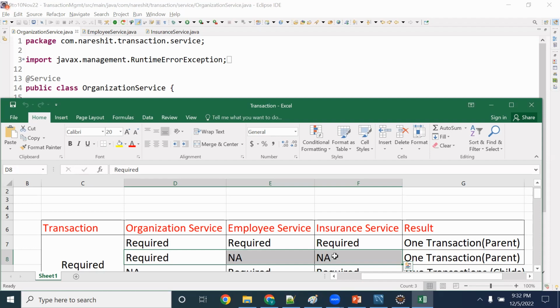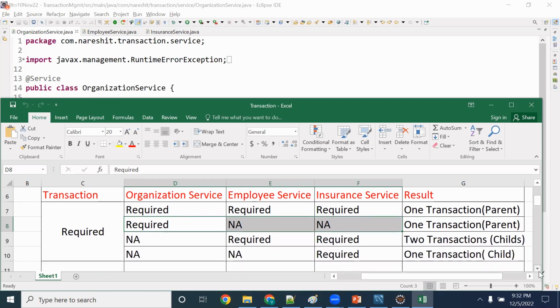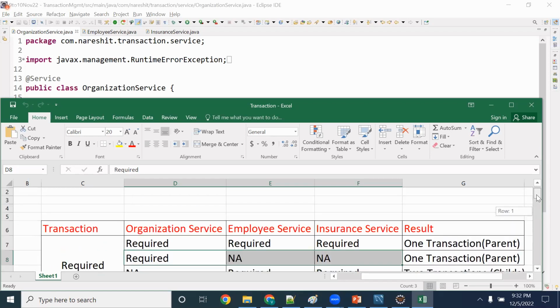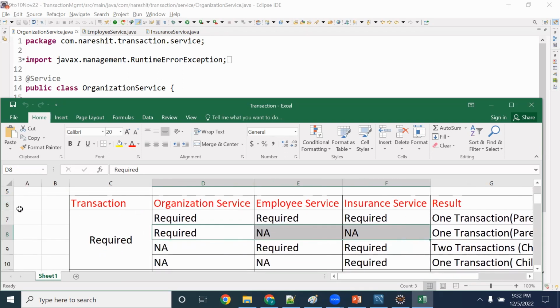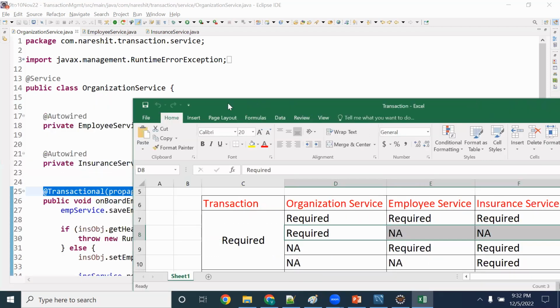Now I have one more combination. What is that combination? In my organization service, I am not writing anything. I'm talking about this case, guys.